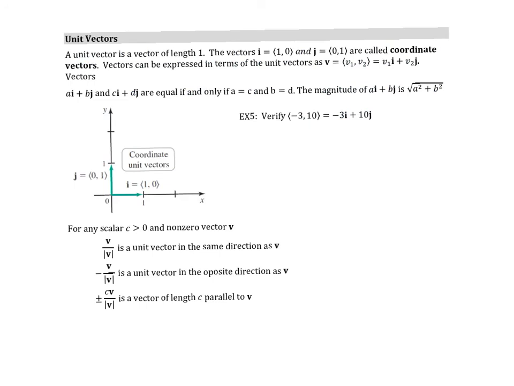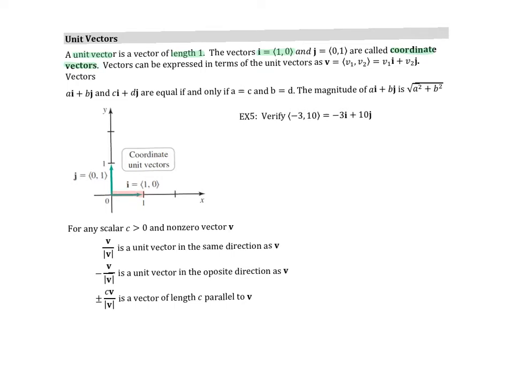Another concept that comes up with vectors is unit vectors. So a unit vector is just any vector that has length or magnitude of 1. Important vectors that we talk about all the time have to do with the vectors i and j, which are called our coordinate vectors. They're coordinate vectors because i is the vector 1, 0, and that would be in this diagram.